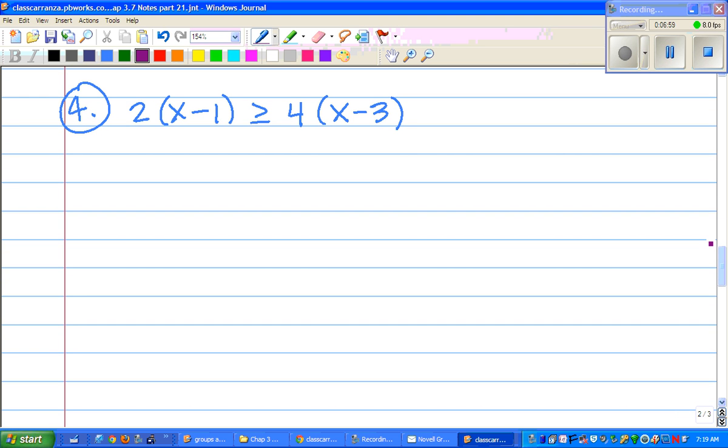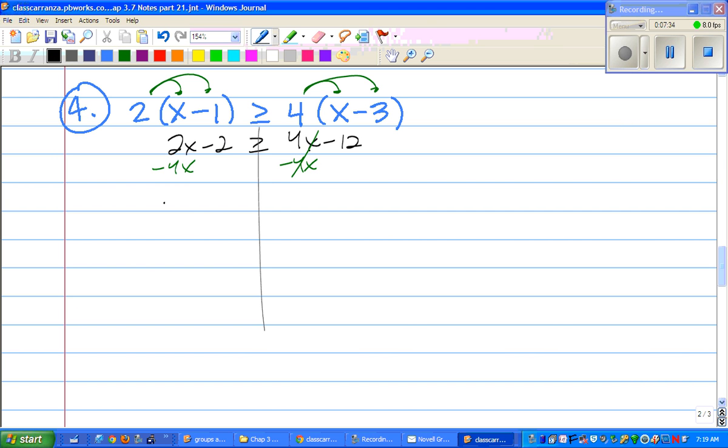Okay, example number 4 has the parentheses outside, which means we have to distribute. So let's go ahead and distribute, and we get 2x minus 2 greater than or equal to, and we have to distribute to the other side as well, which is 4x minus 12. Okay, solving for x, we want to get our variable on one side. So we're going to subtract the 4x, because in an inequality, you always want your variable on the left side.